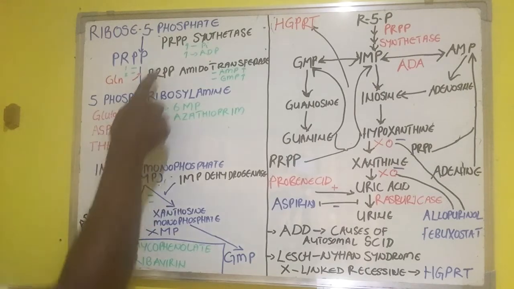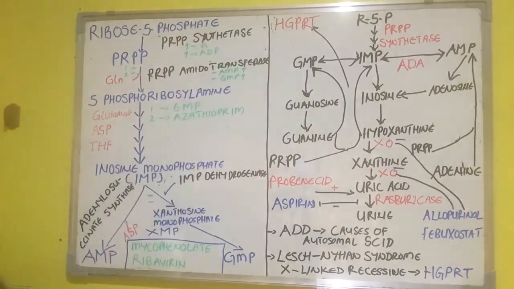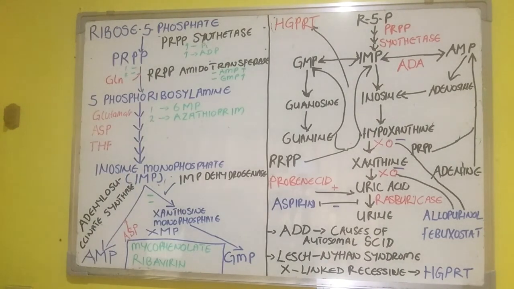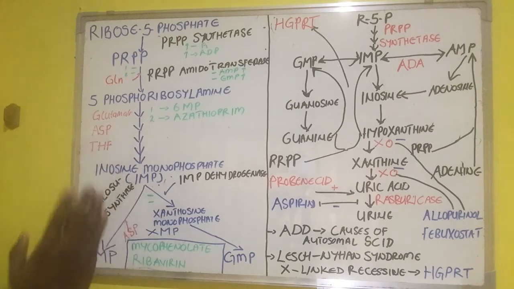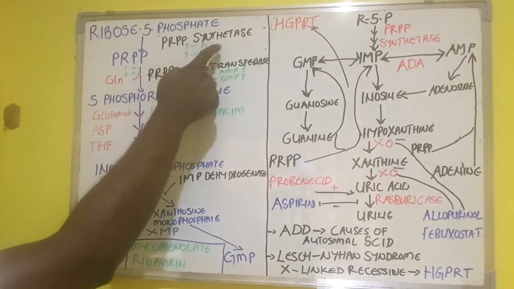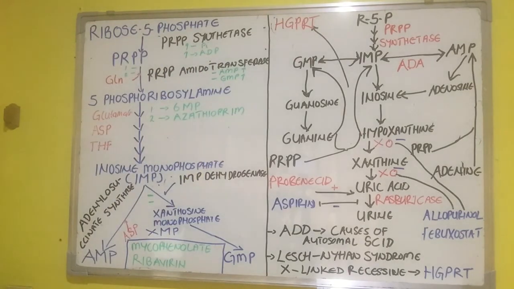Now, PRPP synthetase is actually the regulatory enzyme for purine biosynthesis. We call it the regulatory enzyme because without PRPP synthetase, this reaction cannot occur.